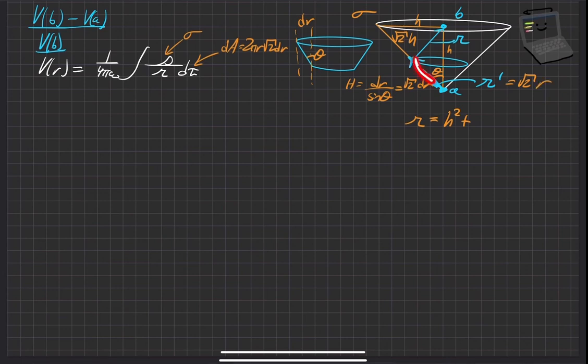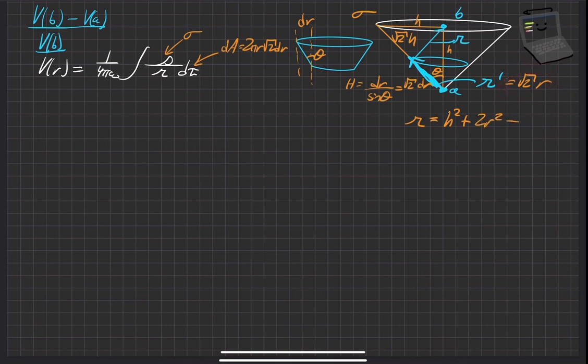And we can use that for our law of cosines right here, in keeping with our process. The law of cosines says it's going to be the length of one that we know, squared, plus the length of the other one that we know, squared. So we'll start working on that. This quantity right here squared is equal to 2r squared.